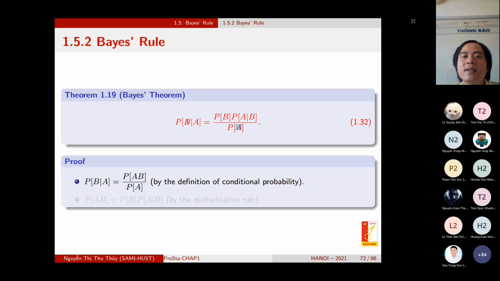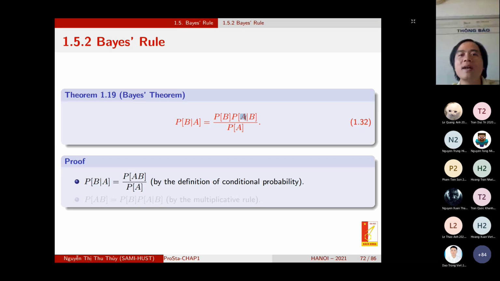So we say that P(B given A) is the posterior probability, and P(B) is the prior probability, and P(A given B) is the probability of what we observe here. A is what we observe, and B is what you have the prior information about, that is an assumption, for example.